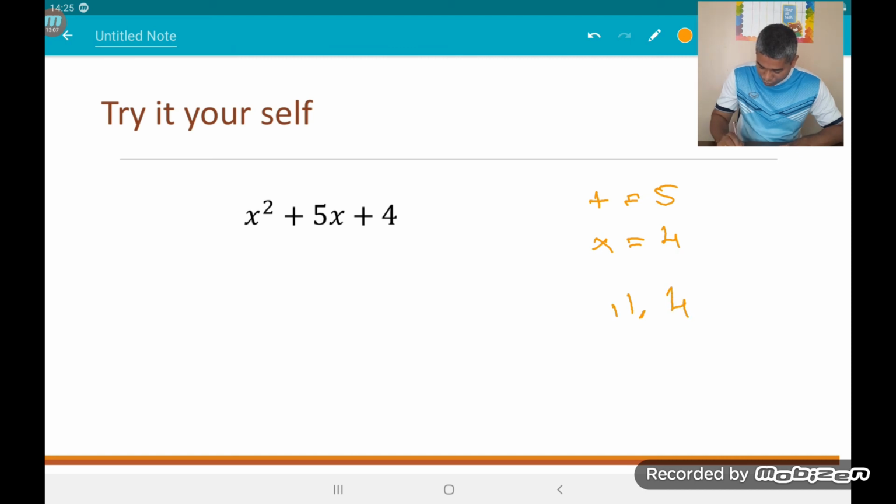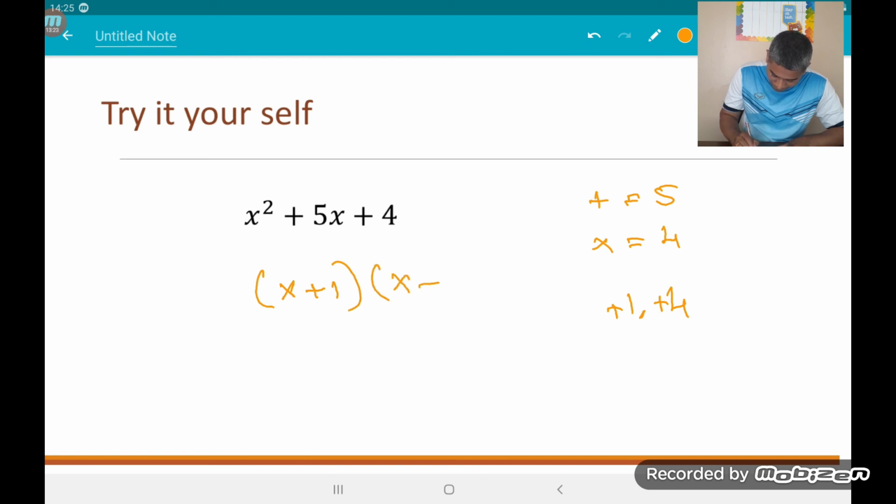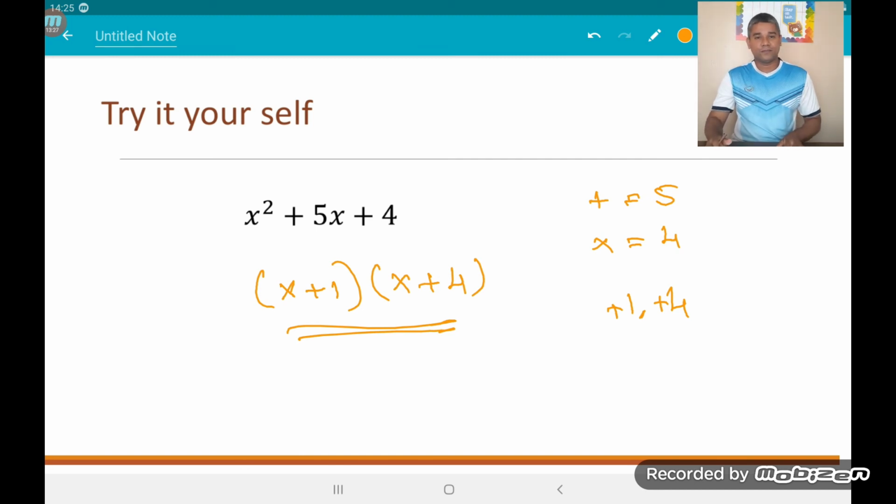Am I right? Plus 1 and plus 4, because 1 plus 4 is 5, and 1 times 4 is 4. So when you factorize, you get the answer like this: x plus 1 times x plus 4. I hope you understand this very well. Okay?